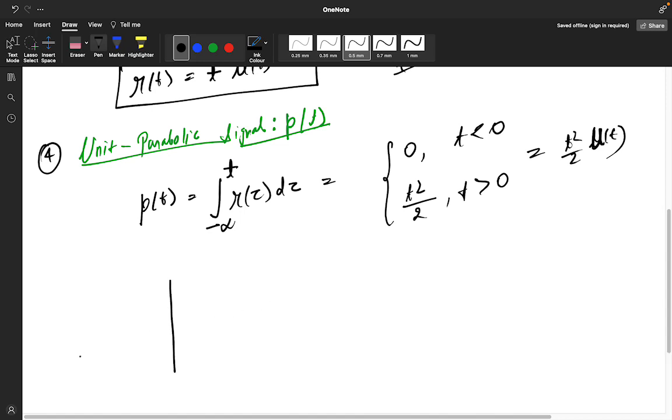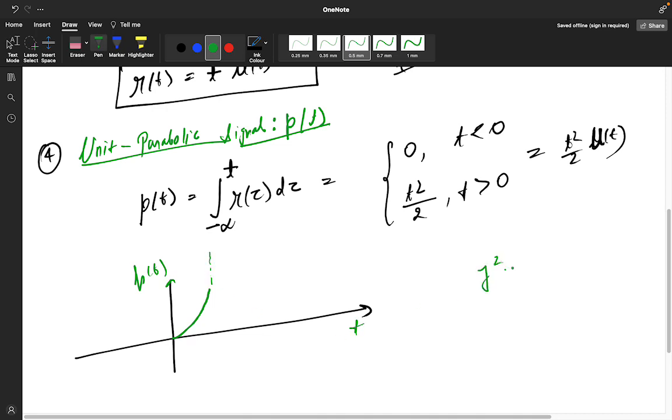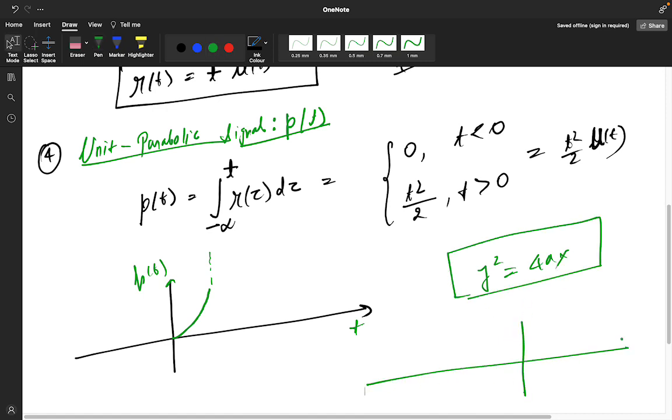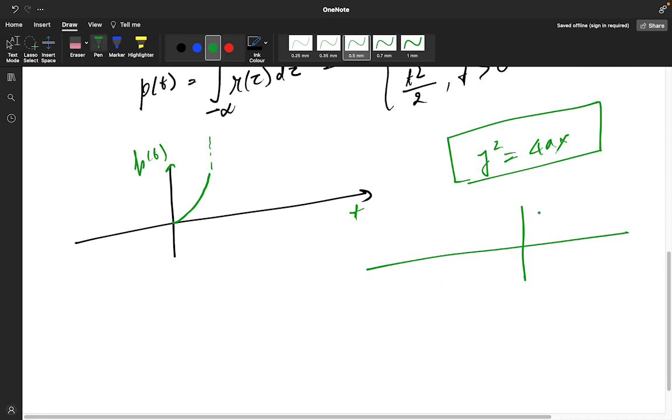So how will the parabolic signal look? This is p of t, so it will look like this. I hope you know the y square equals 4ax curve. It's a parabolic curve. So this is my y, this is my x.